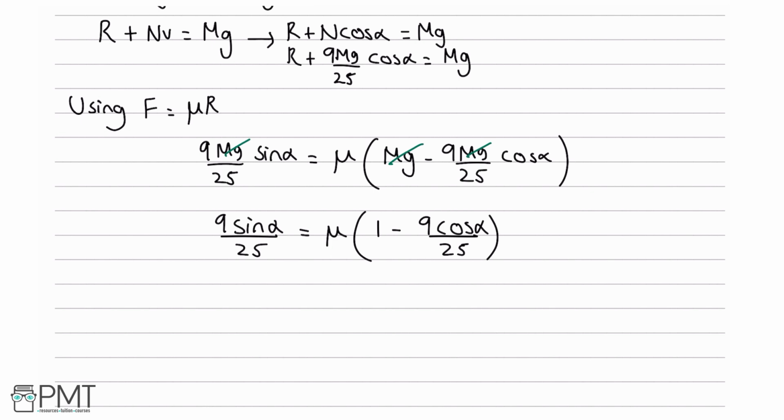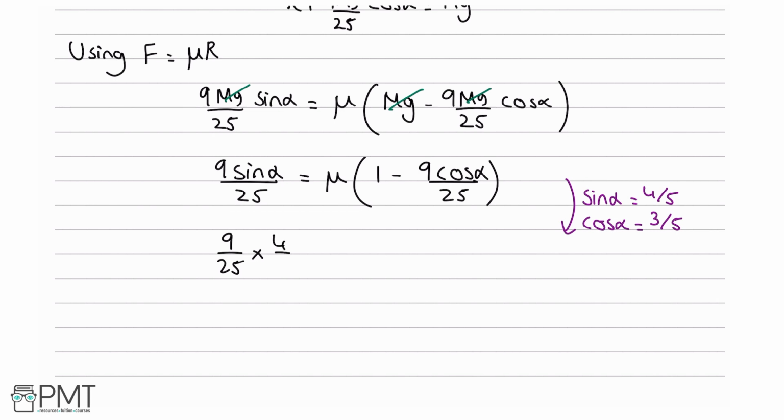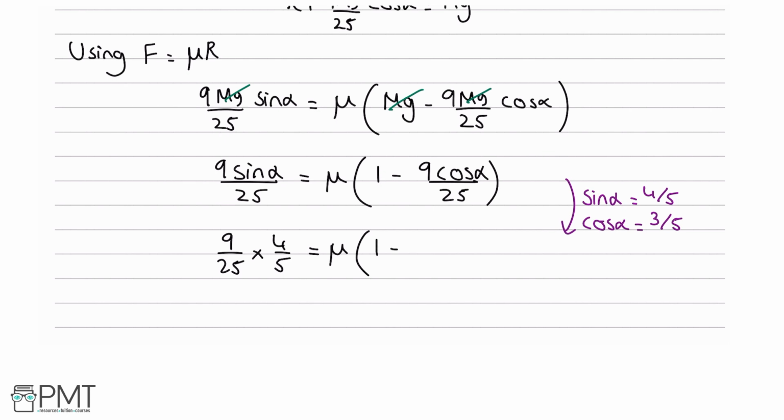From here, we can replace sine alpha and cosine alpha as we worked these out in the part before: sine alpha equals 4 over 5 and cosine alpha equals 3 over 5. So what we'll end up with is 9 over 25 times 4 over 5 equals mu times 1 minus 9 over 25 times 3 over 5, like that.